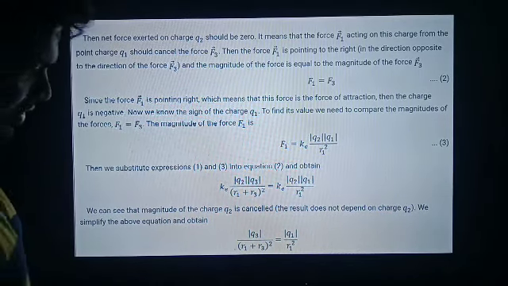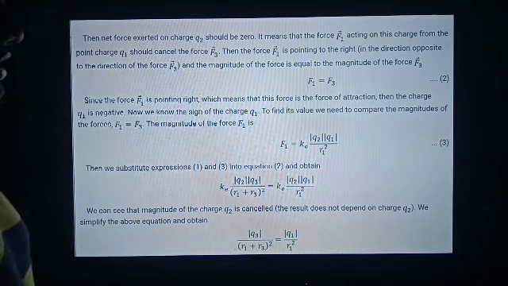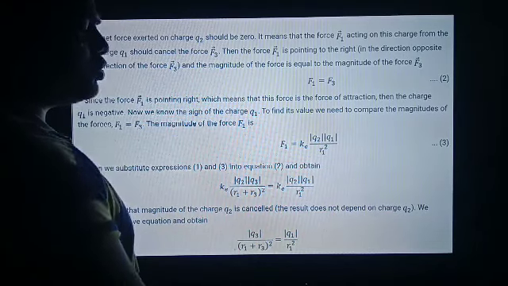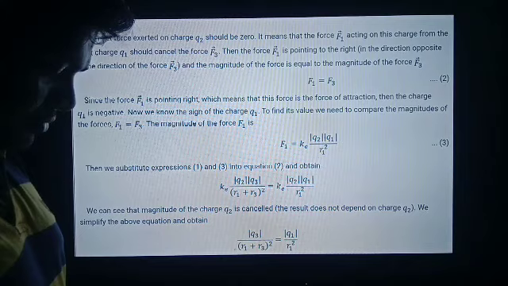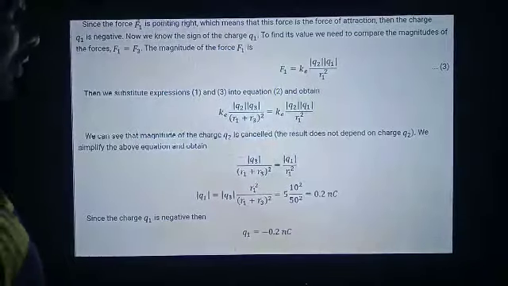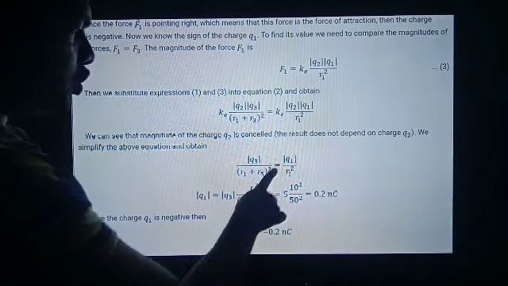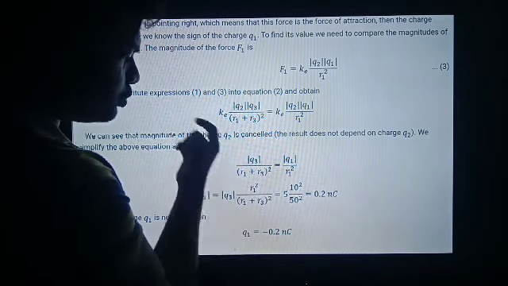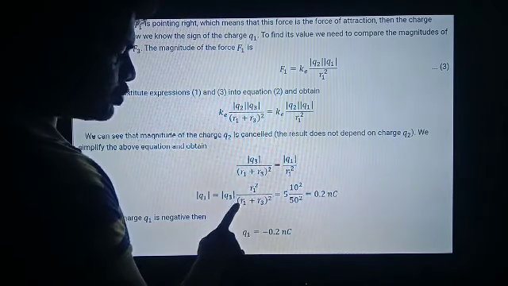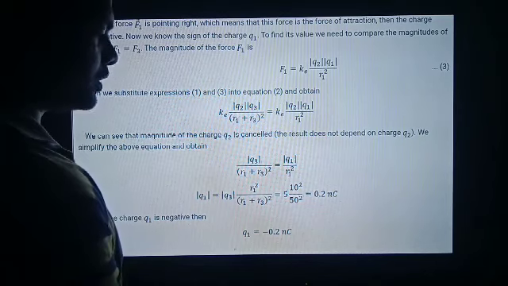On solving it, we get Q3 upon R1 plus R3 whole square is equal to Q1 upon R1 square. Now if you put in the values, R1 goes to the other side, so Q1 is Q3 R1 square upon R1 plus R3 whole square.